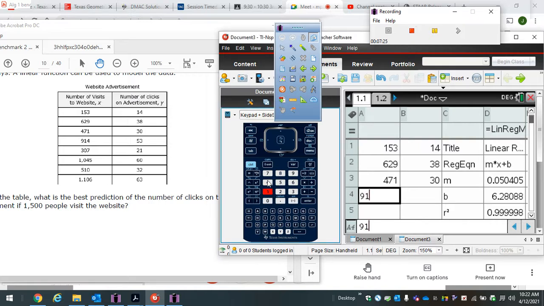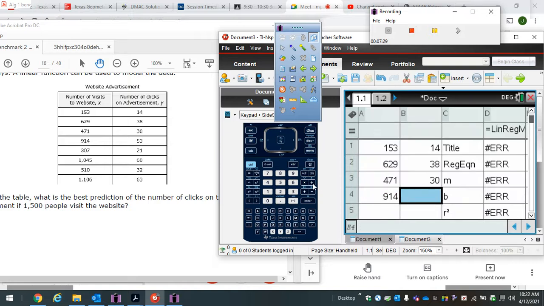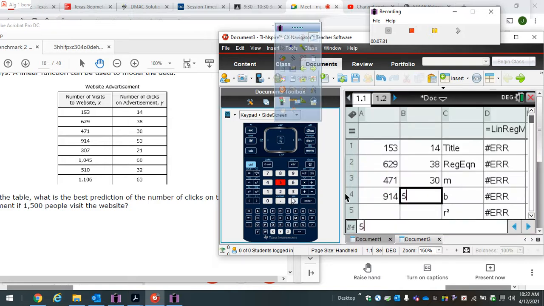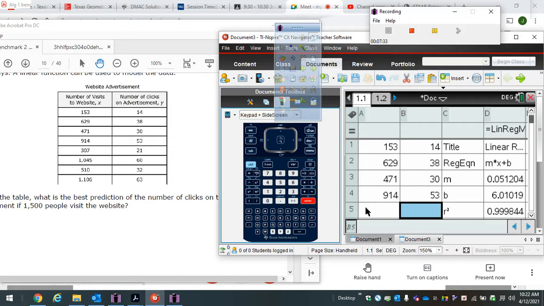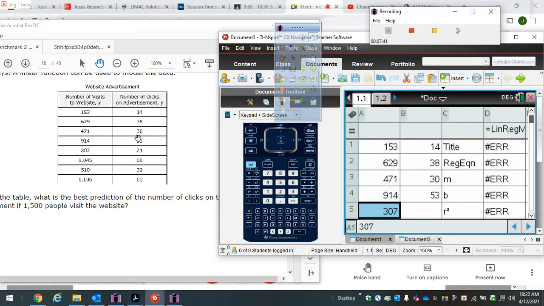Nine 14. What do you got? 7. The current numbers change here when I add more information. 307.